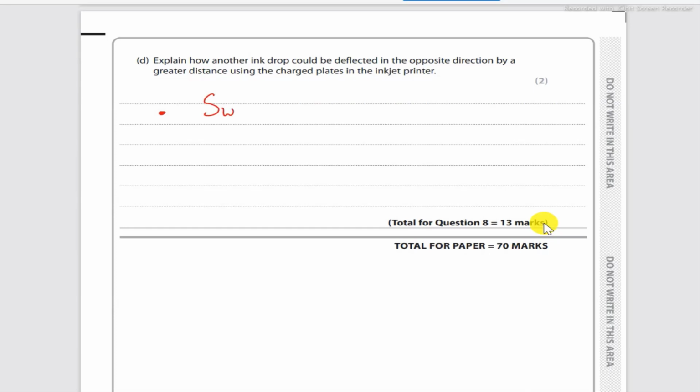Swapping the polarities of the charge plates.